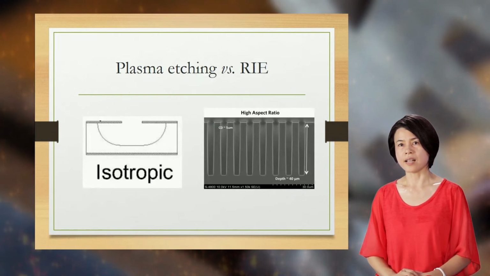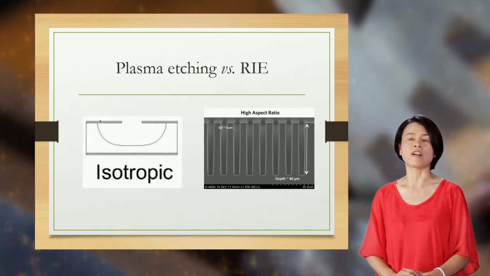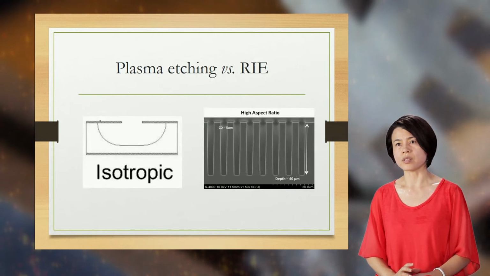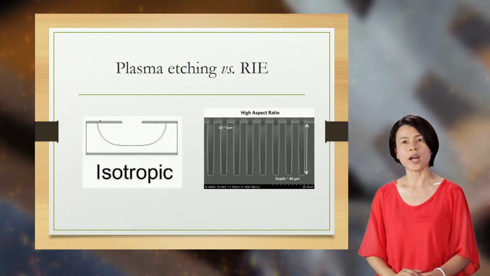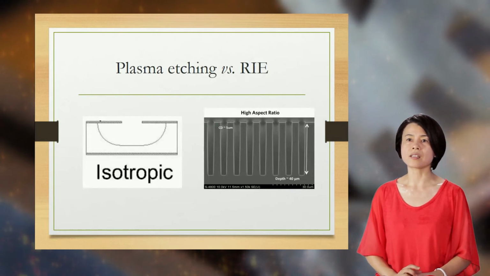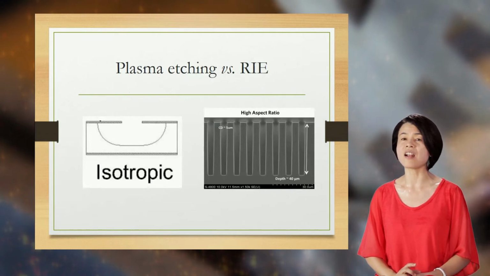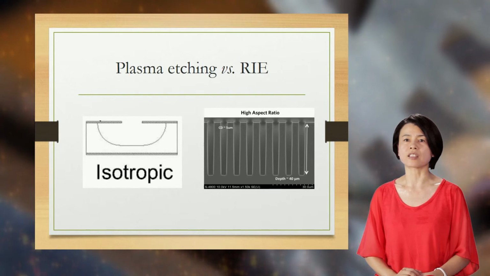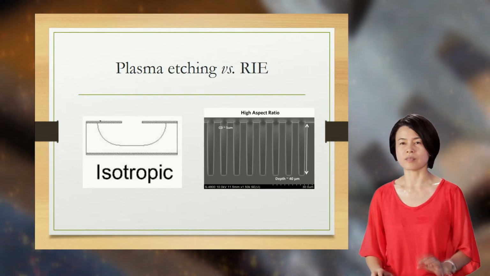Plasma etching has an isotropic etch profile, while RIE is an anisotropic etching. Even though both dry etching methods apply plasma to etch a substrate, RIE, on the right hand, applies more energy to reach a higher level of etching efficiency in one direction. Therefore, it can create almost vertical sidewalls.